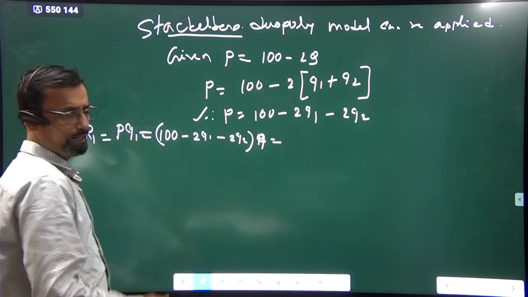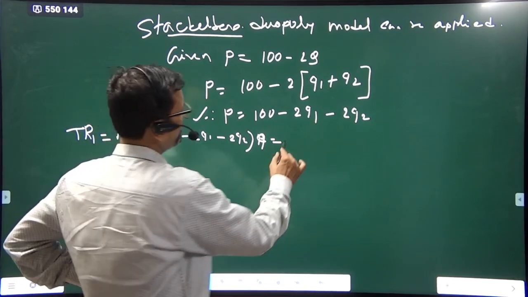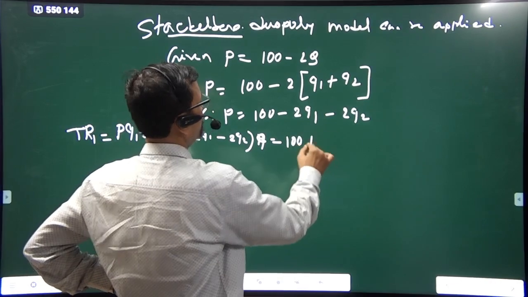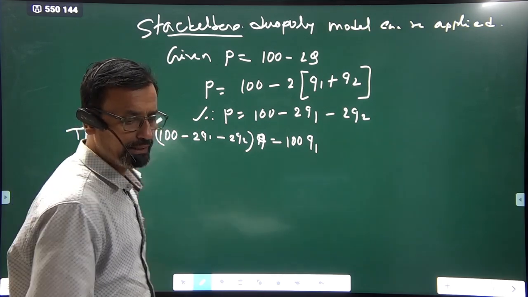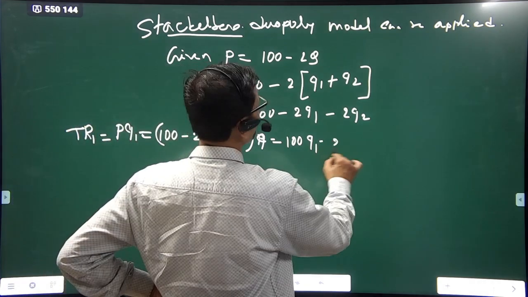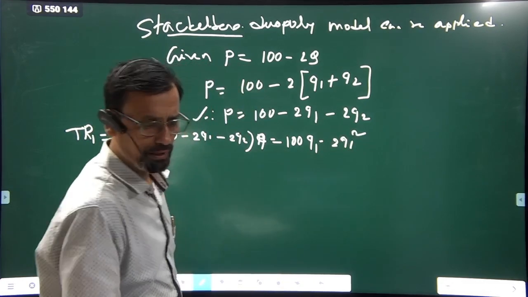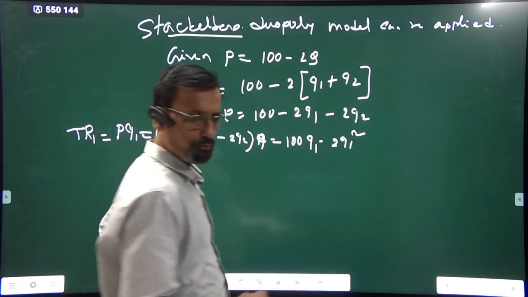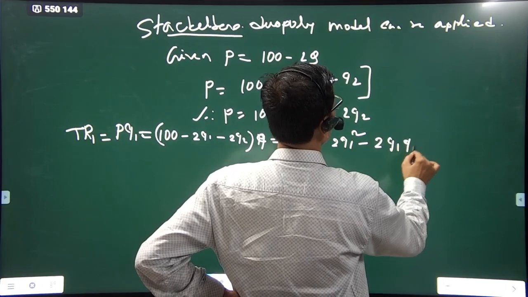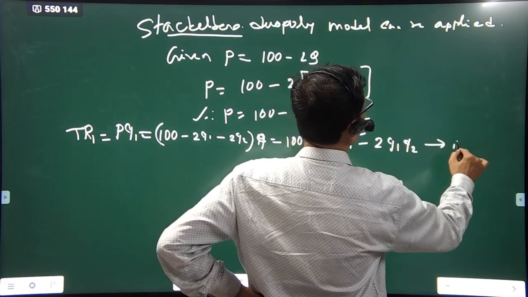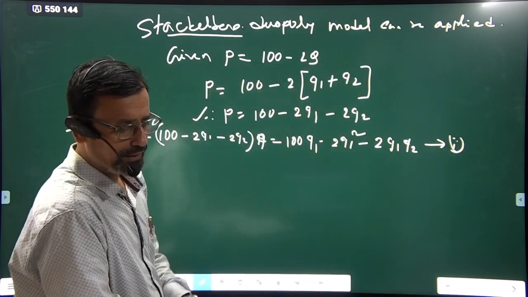Then you will get the function of total revenue: 100 Q1 minus 2Q1 square minus 2Q1 Q2. This is the total revenue of firm 1.